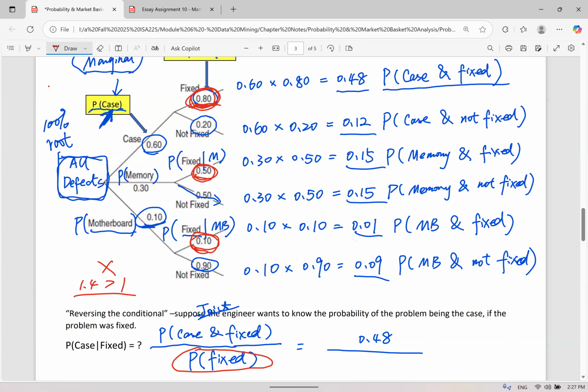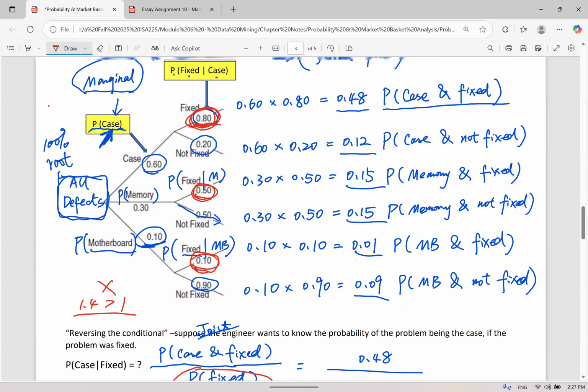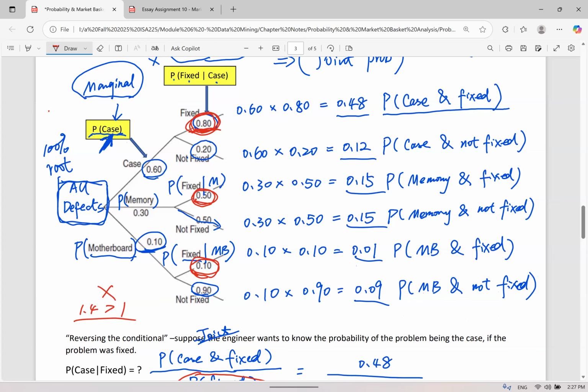This 0.1 is also a probability for getting fixed. So of course it will be these three cases, but remember these three probabilities are all conditional probabilities. Their probabilities are based within each condition, right? So in this case, we cannot just look at the conditional probability. We need to look at the corresponding joint probabilities.